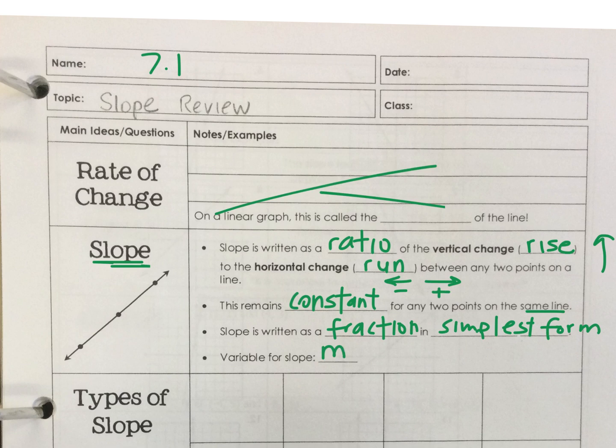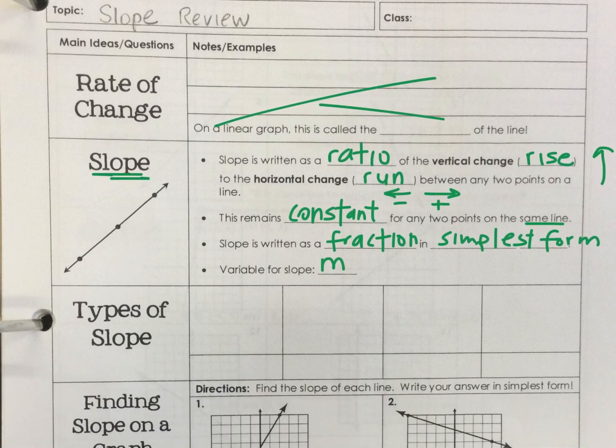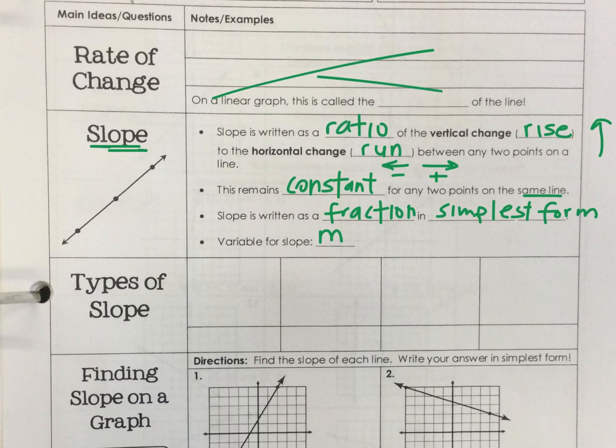So, let's talk about just general slope for a second. If I have a line that is going up to the right, this is a positive slope. If I have a line that is going down to the right, it is a negative slope.